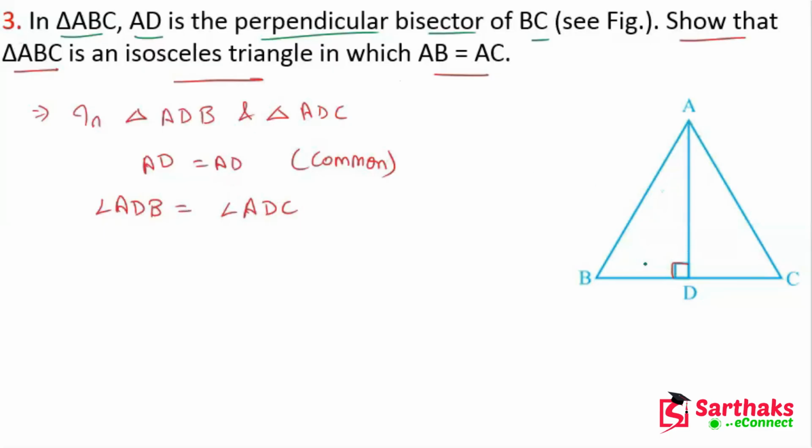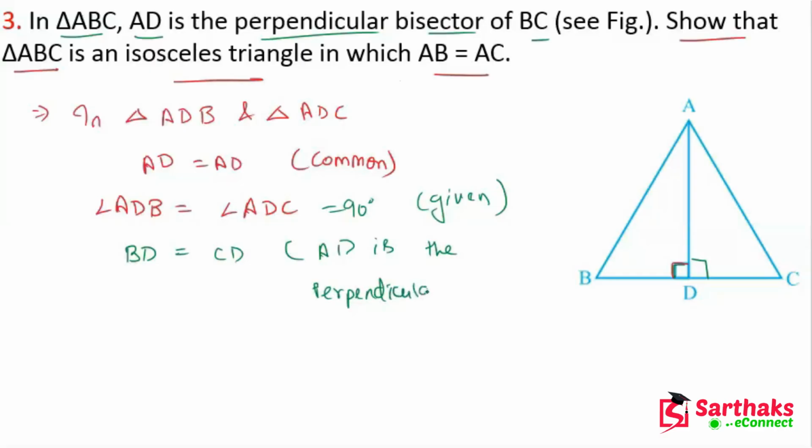Angle ADB means this angle is equal to this angle, because they are 90 degrees. This is given in the question, because AD is the perpendicular bisector. And BD is equal to CD, since we know that AD is the perpendicular bisector.